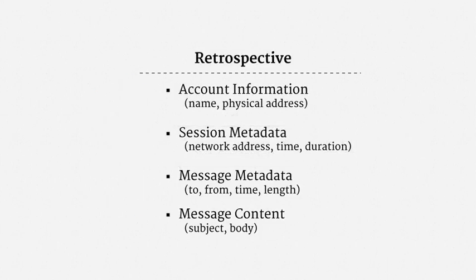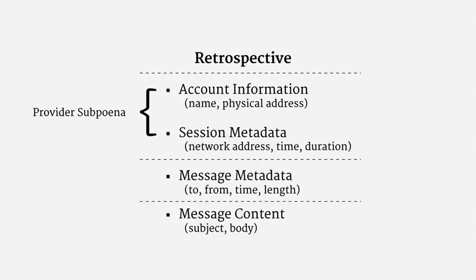Here are the categories of retrospective information associated with email. The first group under the SCA is account information and session metadata. When we looked at the SCA's provisions on telephone records, we saw how both of these categories can be accessed with a provider's subpoena. The exact same is true of email services. The next category is message metadata.